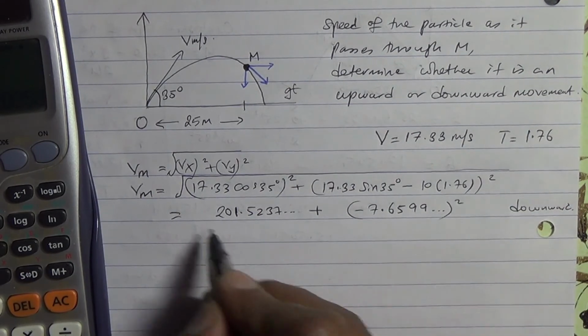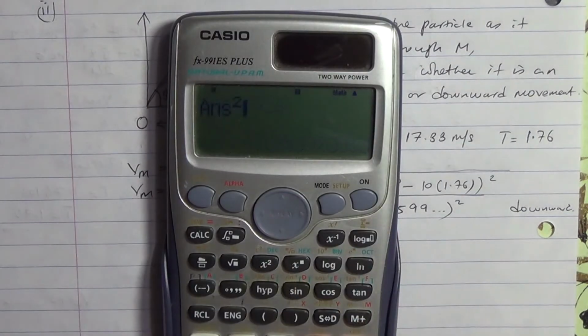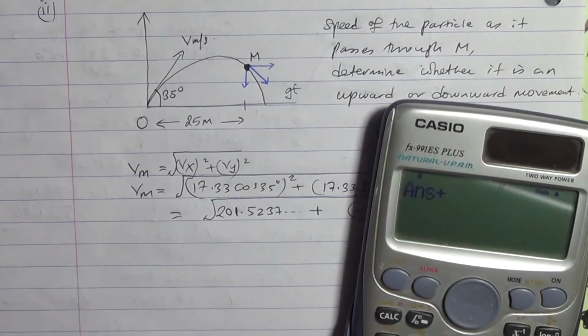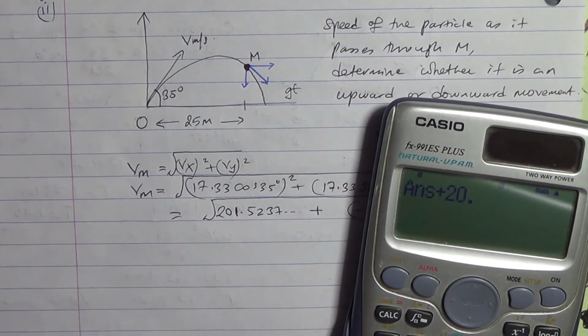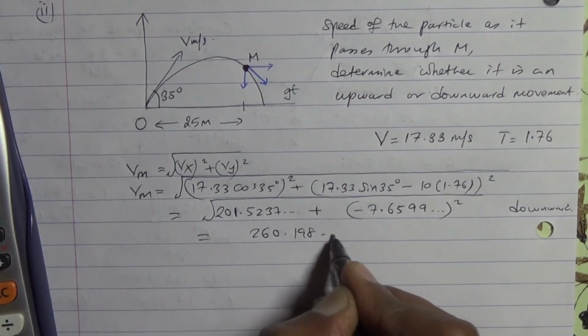So this is squared, and you do the square root of all of that. You square the result, you get this much, you add it to 201.5237, and that's a total of 260.198 and so on.